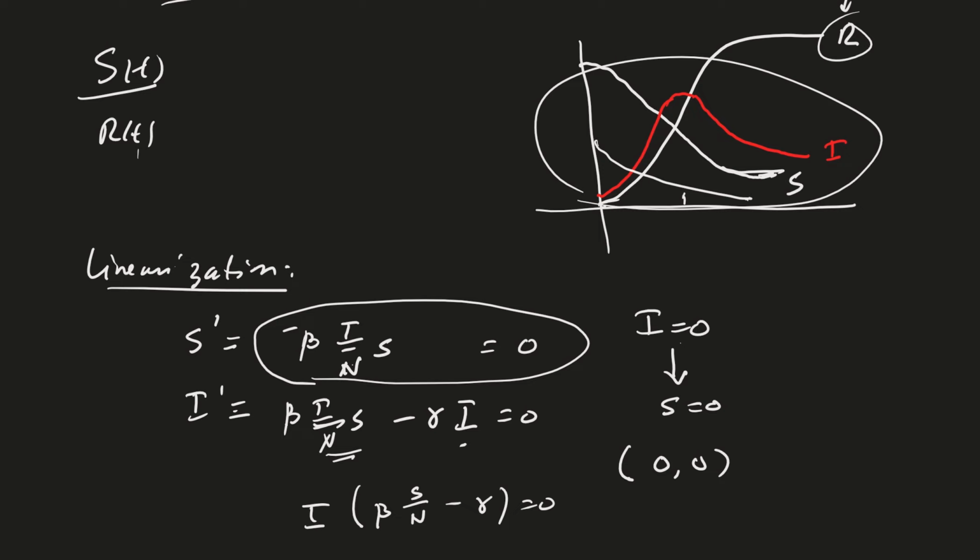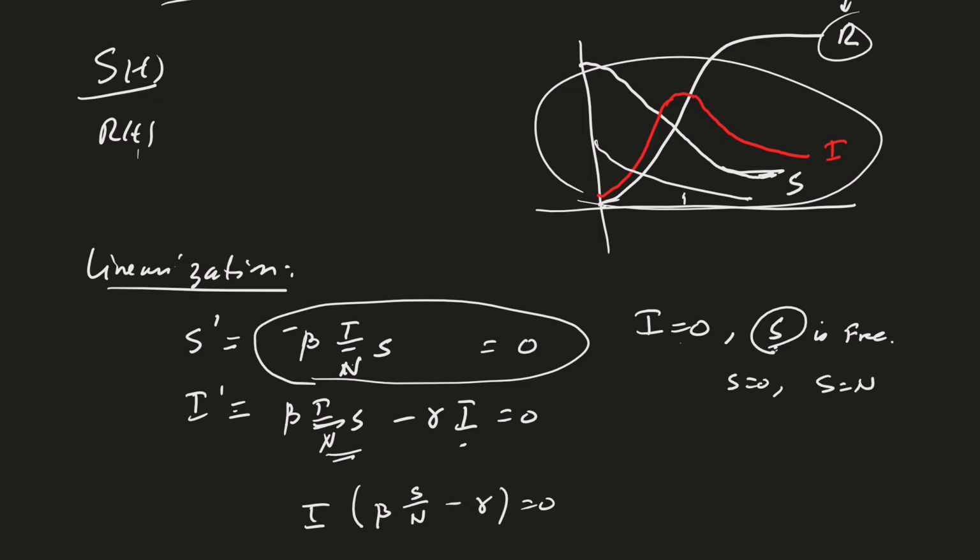And so s is really free to be anything. So we're going to consider two special cases. If I is 0, s is free. Two special cases we want to consider are when s is equal to 0 and when s is equal to n.